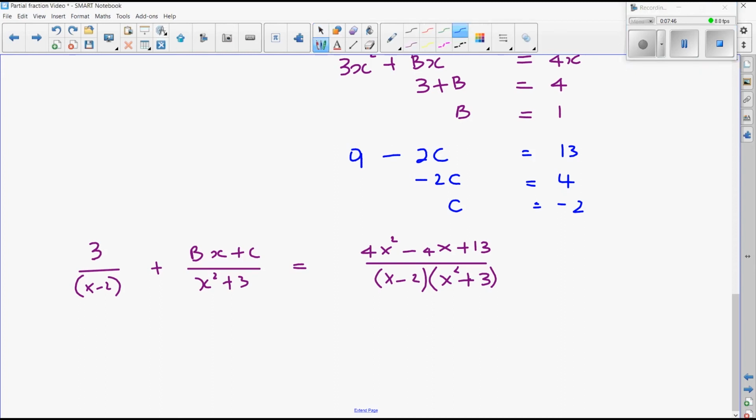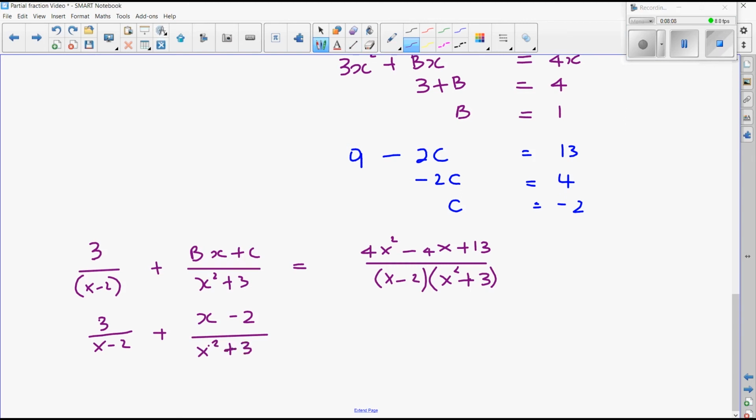And I know that a is 3, and this is the first fraction. So I have 3 over x minus 2. b is the value of 1, c is minus 2. So my numerator now is x minus 2. The denominator is going to be x squared plus 3.